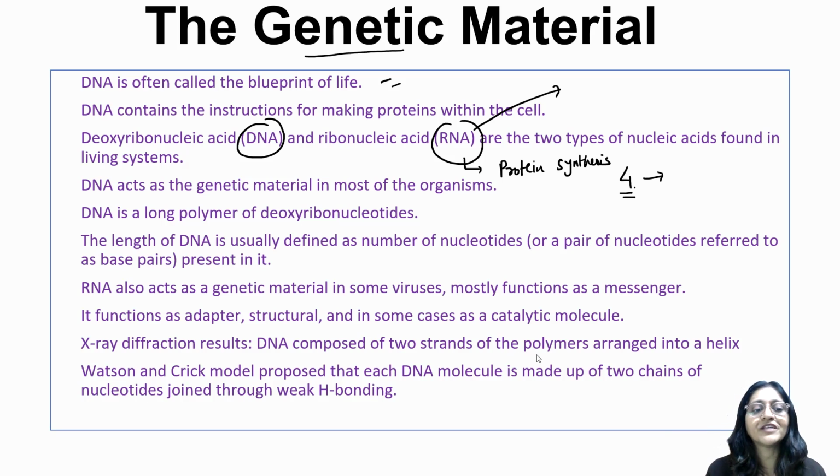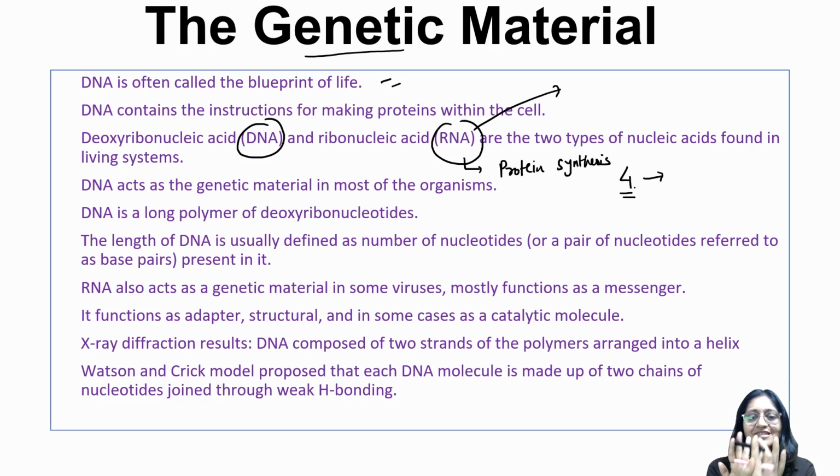With the help of X-ray diffraction studies, Watson and Crick proposed a model of DNA which is made up of two polynucleotide chains joined together with hydrogen bonding. Imagine a staircase which has different steps, and suppose you have these two strands here and you have steps.